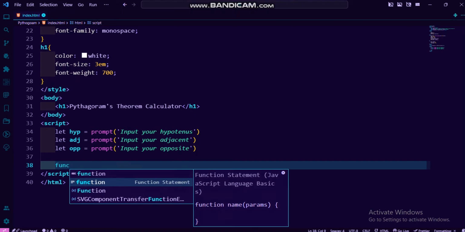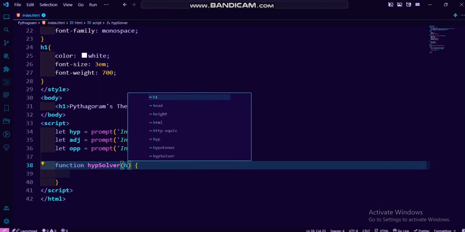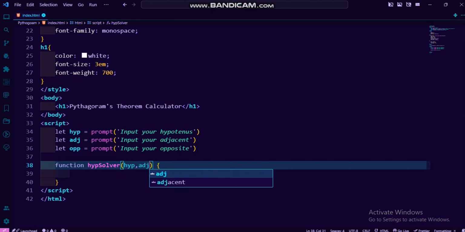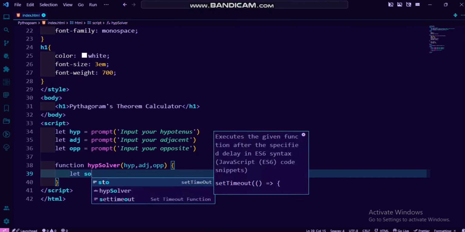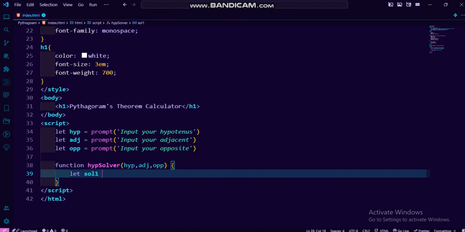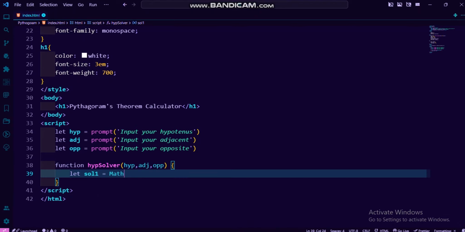Now let's go to the hypotenuse solver. The parameters are going to be hypotenuse, adjacent, and opposite. Then here, let solution 1 equals adjacent squared.